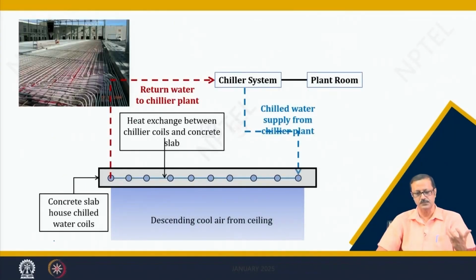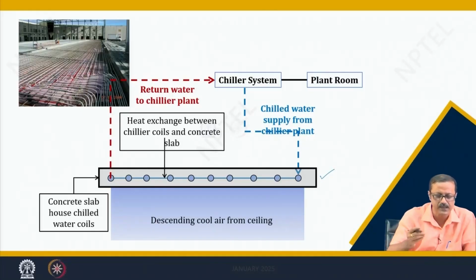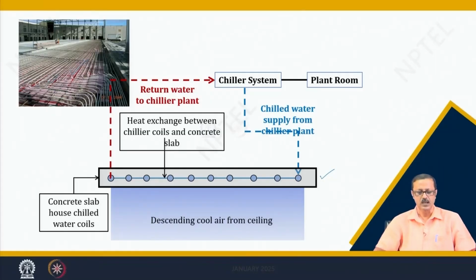In this slide I have shown a chilled slab system, which represents a slab with pipelines passing through the whole surface area of the slab. These pipelines are filled with a flow of chilled water, at a temperature of around 8 or 10 degrees centigrade or so.